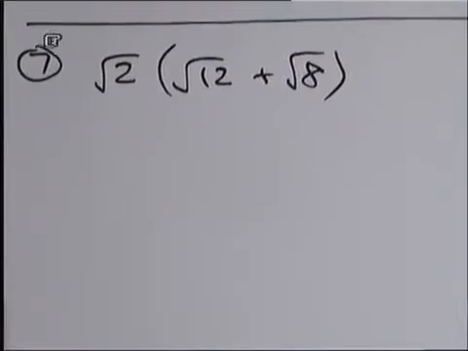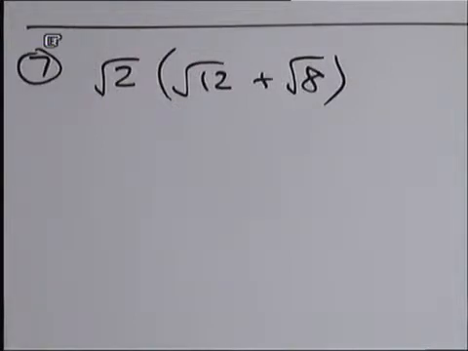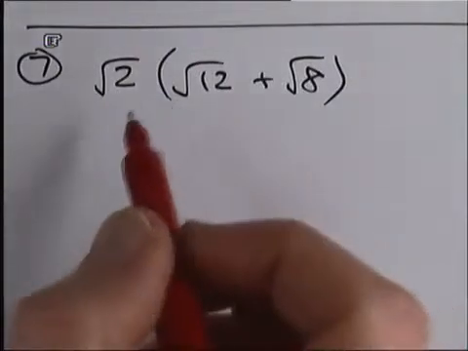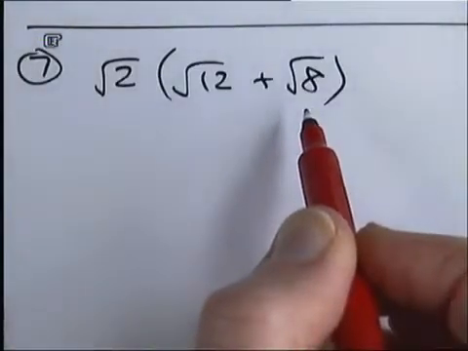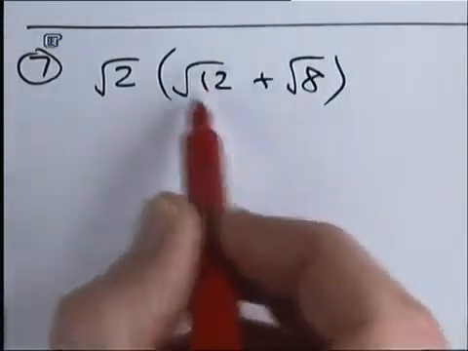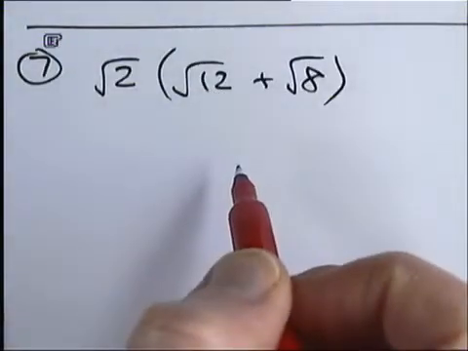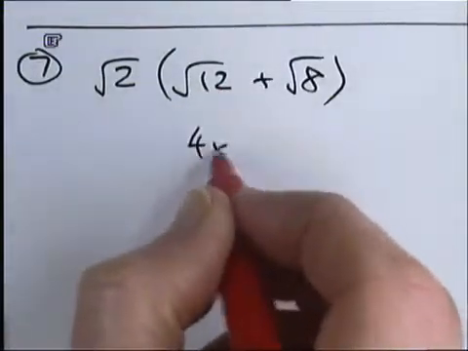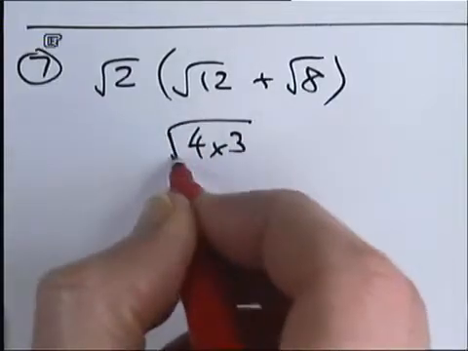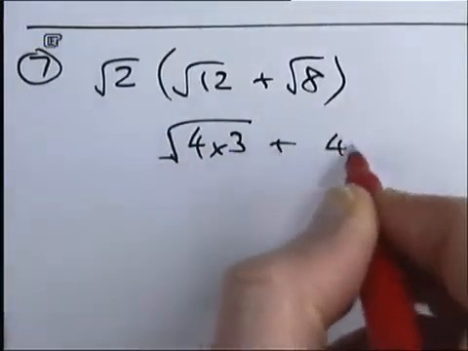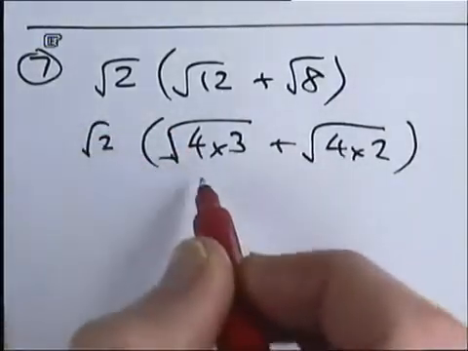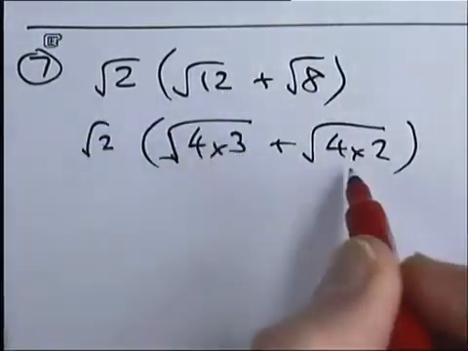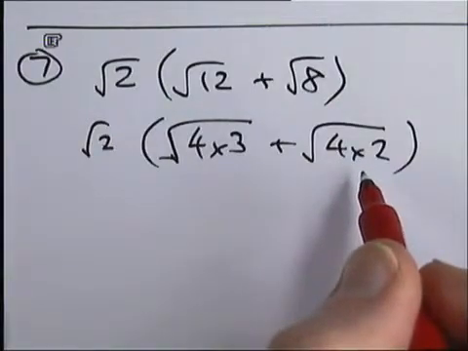If we look at another example, number 7, again we've just got to simplify these surds, and I've got root 2, and then in brackets, root 12 plus root 8. Well, let's work out how we can simplify the root 12 and the root 8 first. 12 is 4 times by 3, and 8 is 4 times by 2. So I can change the bracket to 4 lots of 3 square rooted and 4 lots of 2 square rooted.